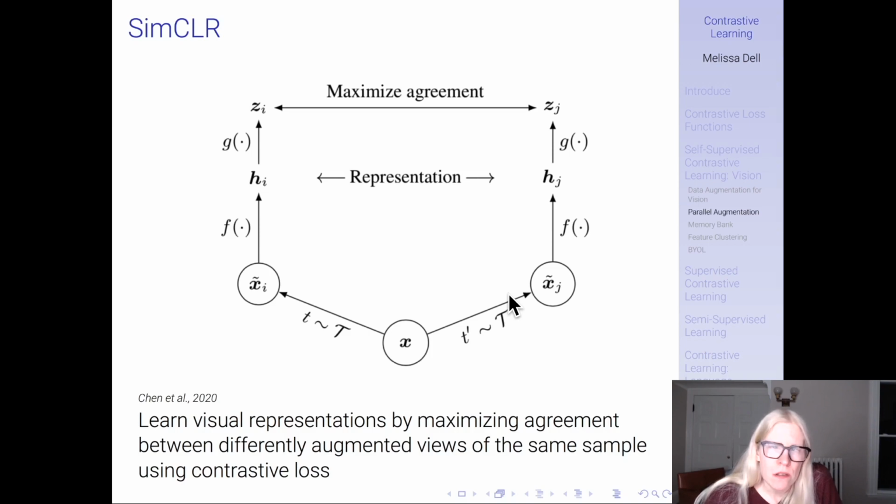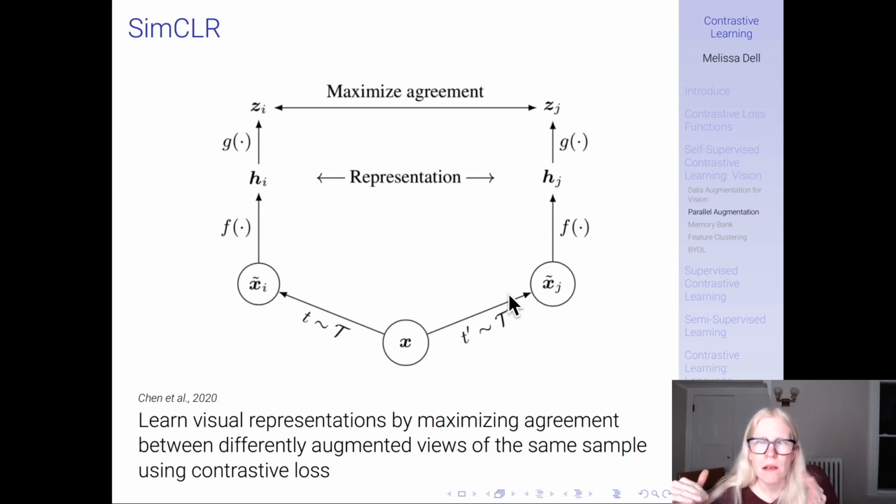So I want to introduce an architecture called SimCLR that was used for self-supervised learning of vision models. You start with some instance X, and you take two augmentations of that. That could be two different views of the same larger image. We can call those X_i and X_j. Then you pass both of those through an encoder.